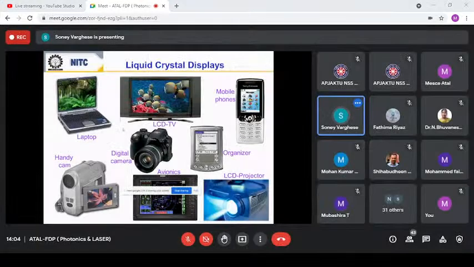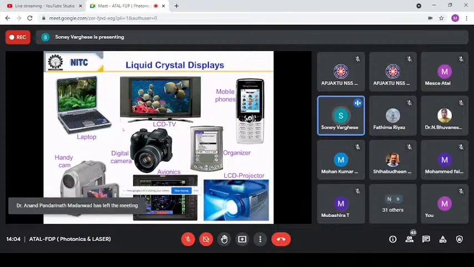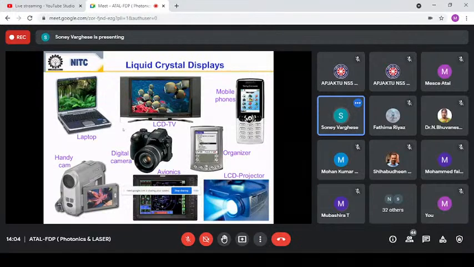The teachers and everybody are using these information display facilities to have classes online. Especially during this pandemic period, you have seen the importance of this type of display. And we are very well using this type of display devices, starting from our mobile phones to laptops or big screens or other devices.